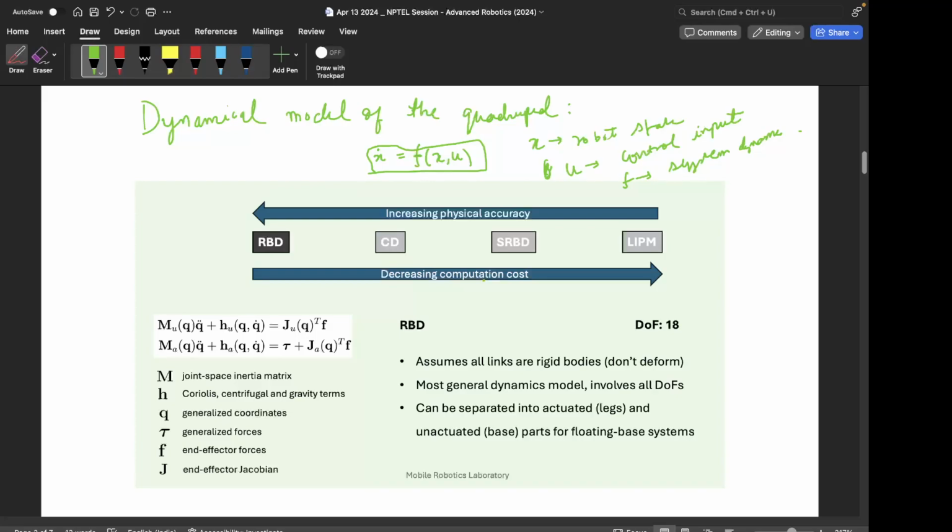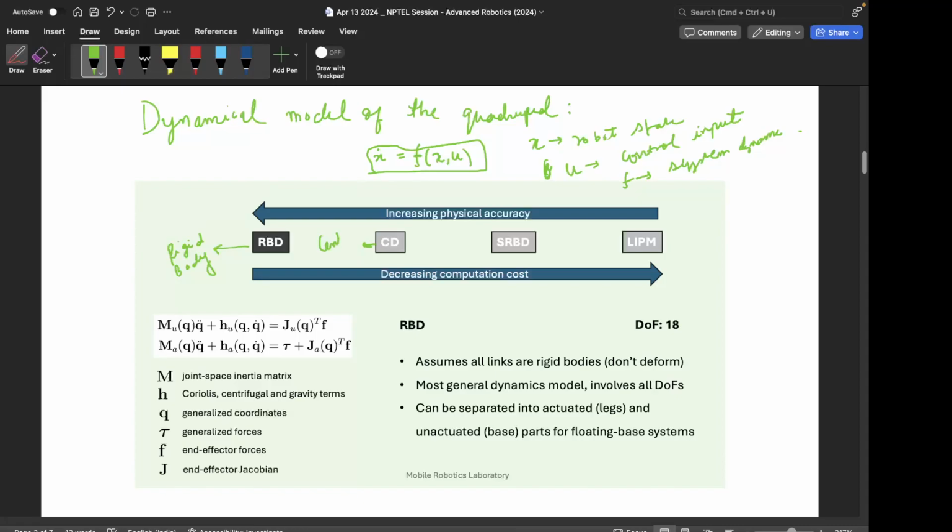So in the legged robotics literature, for humanoids, bipeds, and quadrupeds, there are four dynamical models that have been widely used, right? So first is the RBD, which is the rigid body dynamics. This is the most accurate one, and I will discuss each of them shortly.